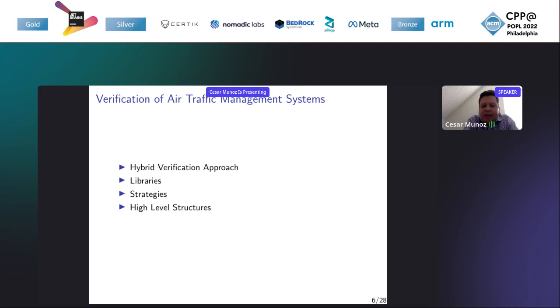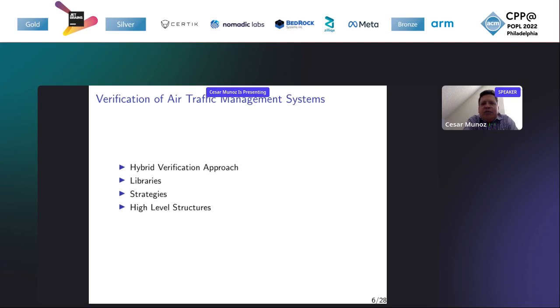In any case, the verification of this algorithm was a turning point at NASA Langley, in the sense that it provided a direction for future verifications in this area. It opened a whole domain for us at NASA Langley.